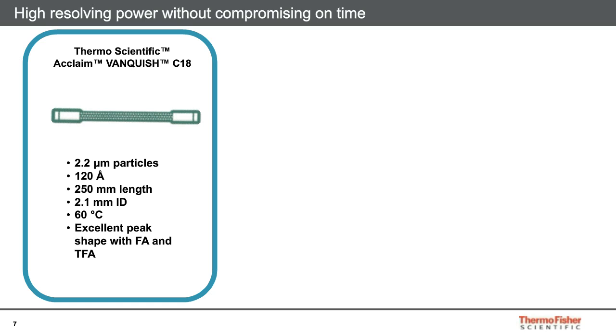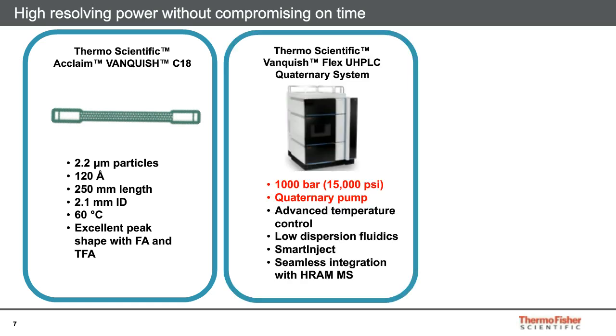In terms of system for biopharma analytical development, our system of choice is the Thermo Scientific Vanquish Flex UHPLC quaternary system. As the name says, it is a quaternary pump system, and the pressure specification is 1,000 bar.